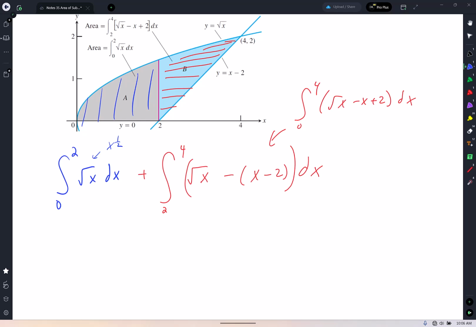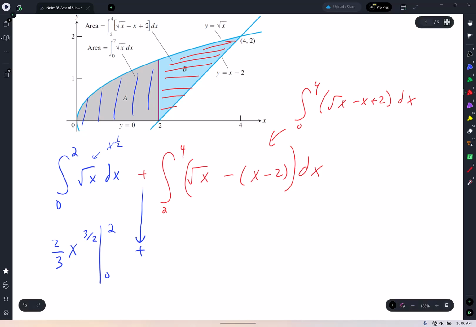We can just do the antiderivative of that: x to the 3/2 divided by 3/2, which is the same thing as 2/3, evaluated from 0 to 2. Plus, that plus is this plus. Let me go ahead and do this one in red. There's more than one term here, so I'm going to put it in brackets.